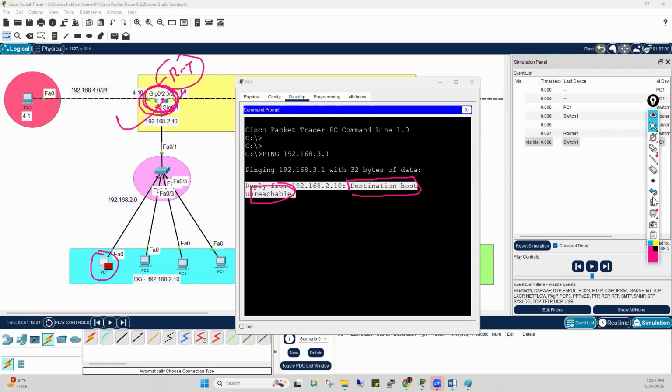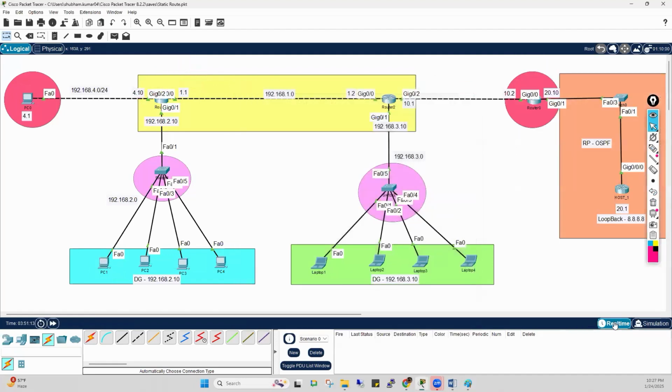Getting my point? Understand? Now the problem is, if I want to make communication possible from here to here, what do I need to do? You need to perform routing. Clear? I hope this is clear to all of you. Now, but how? How can we perform the routing?